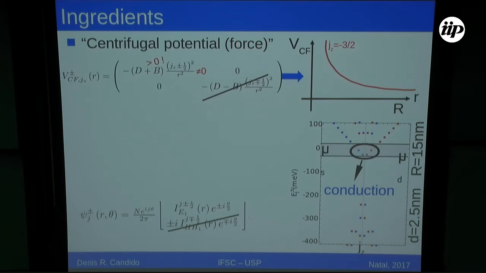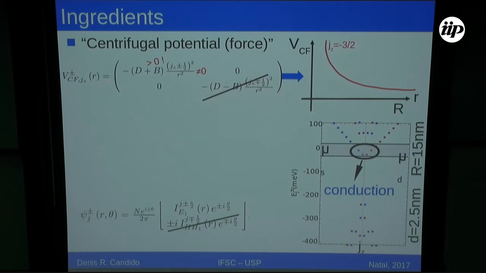If I have minus d plus b less than 0, this potential will have this form. It will be minus infinity for r equals 0, and will increase and go to 0 when r tends to infinity. Clearly this potential will have some confinement near the origin.